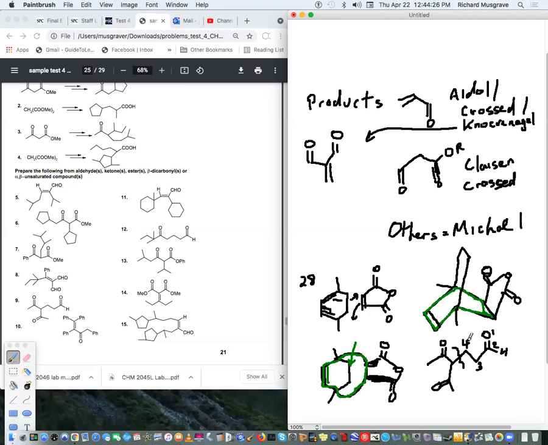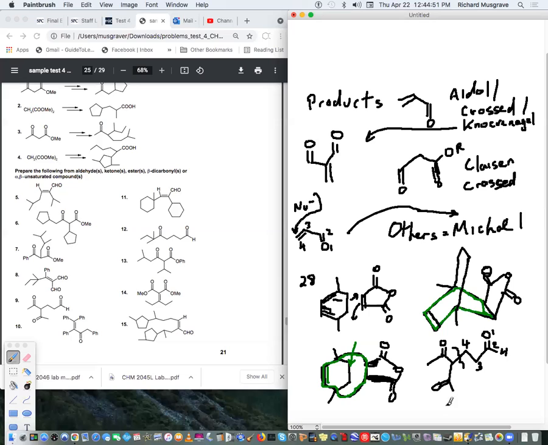And that's because in a standard Michael reaction, the setup is always going to be something like this. And if we're numbering this, it'd be 1, 2, 3, and 4. So that's why I split that new bond there for the Michael reaction.